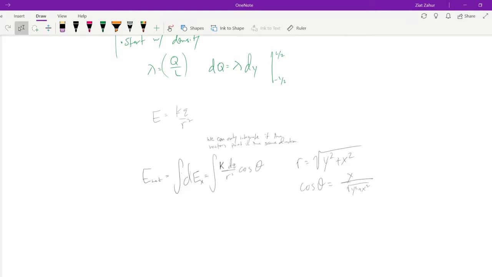Now, can you do it with trig? Technically, yes, you can. So you get k x lambda dq over y squared plus x squared to the 3/2, like so, integral.